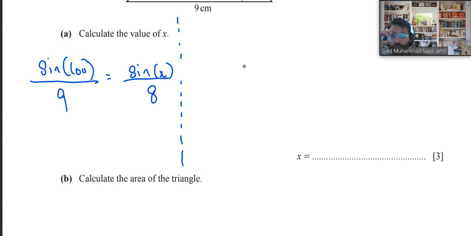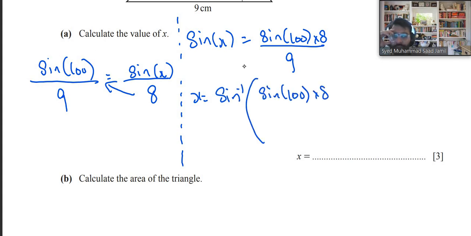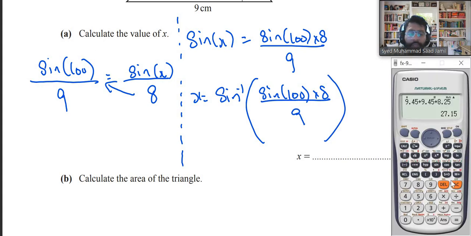So sine x is equals to, this 8 will go over there and multiply, sine 100 multiplied by 8 divided by 9. X is equals to sine inverse of sine 100 multiplied by 8 upon 9. Now let's put this in our calculator.